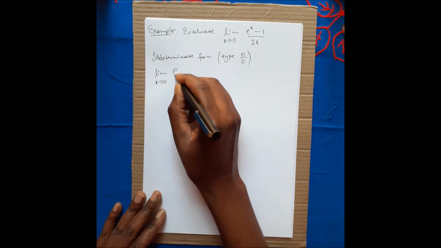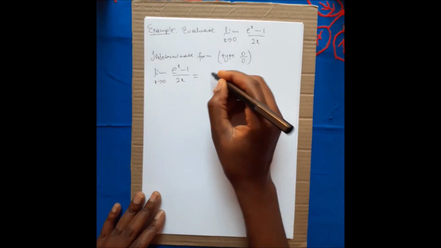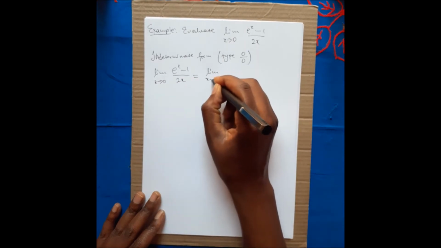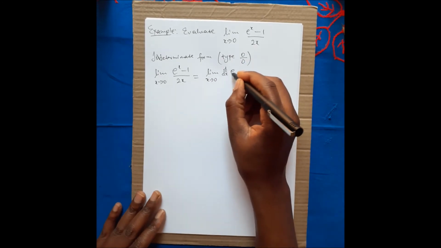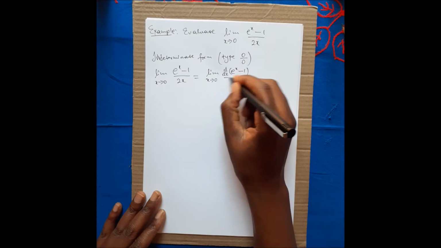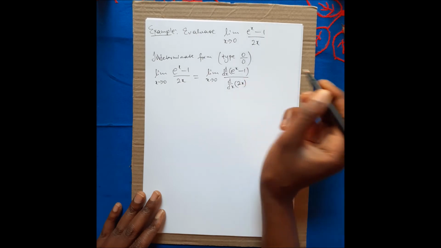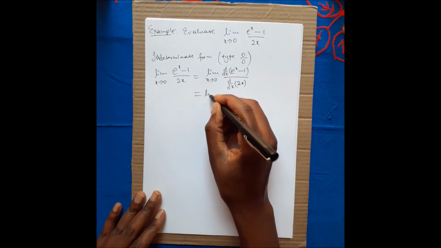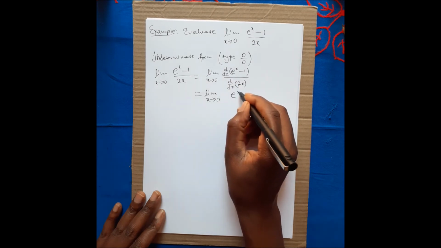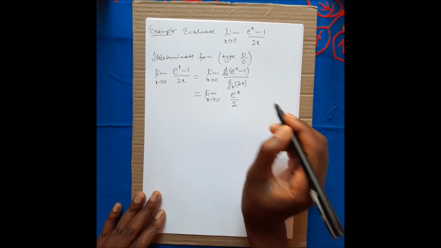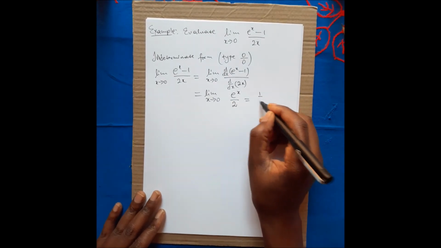The limit as x approaches 0 of e to the power of x minus 1 over 2x is the same thing as the limit as x approaches 0 of d/dx of e to the power of x minus 1 divided by d/dx of 2x. This is going to give us the limit as x approaches 0 of e to the power of x over 2. When we substitute 0 there, we get a 1, so we have 1 over 2.